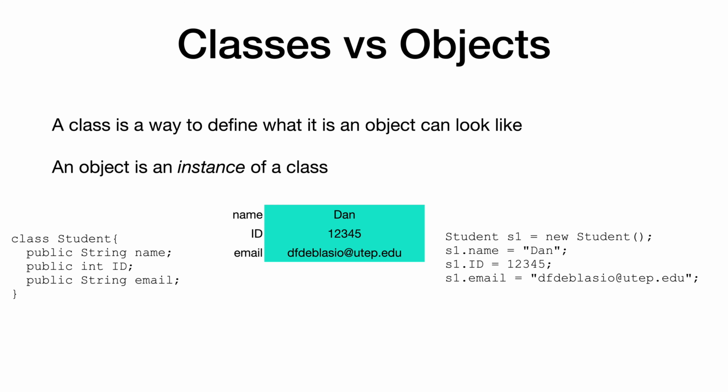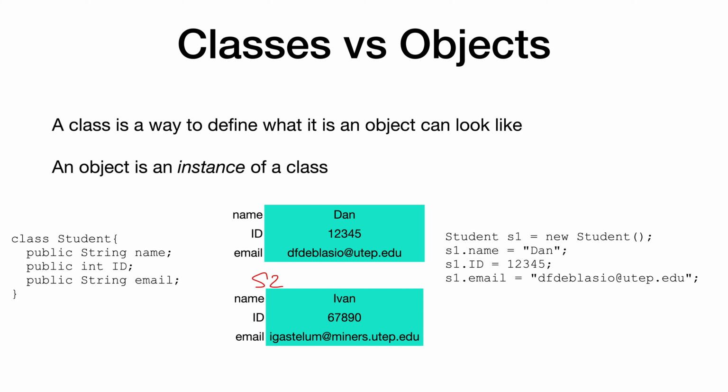And then once we do that, we can modify that instance by setting a name, setting an ID, setting an email address, right? And we can do that multiple times. Maybe we call this guy Ivan, S2, this one is S1, right? And we can manipulate those independently. They're two separate copies.